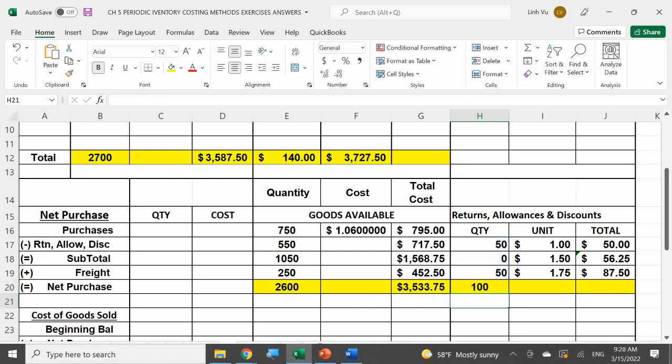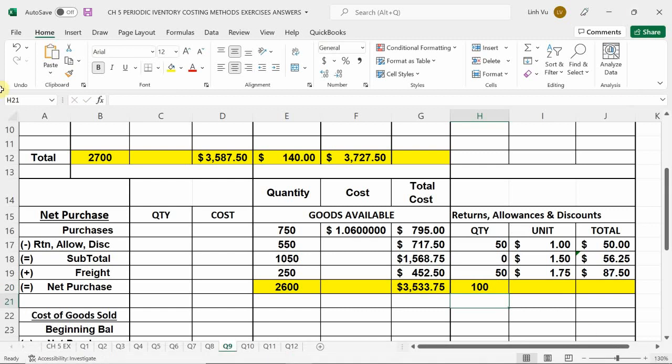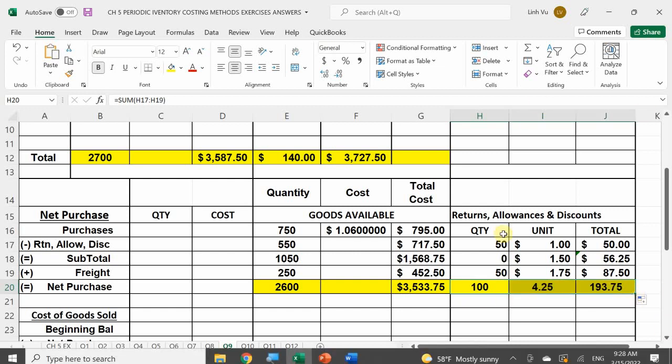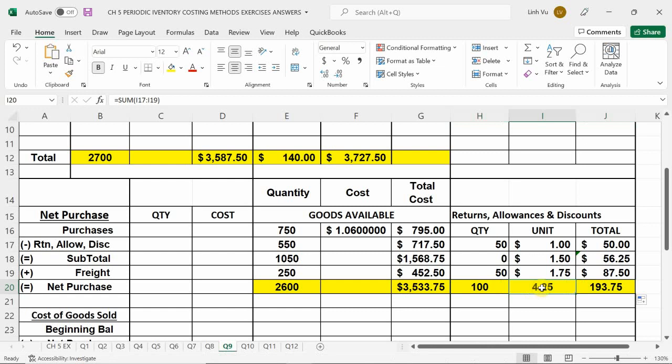We returned 100 at a grand total refund for $193.75. Okay, good.